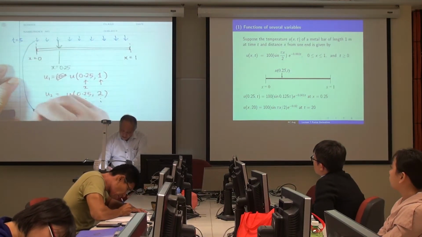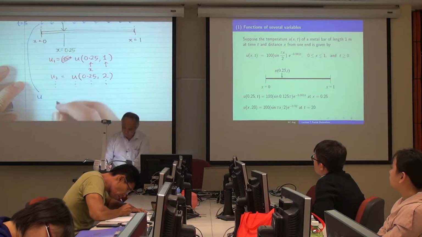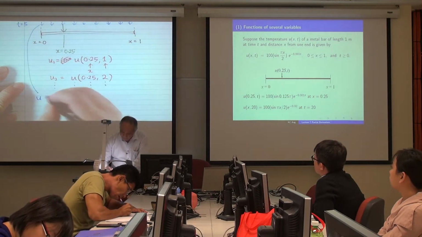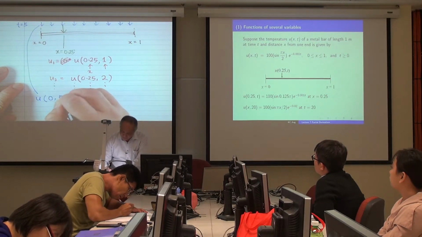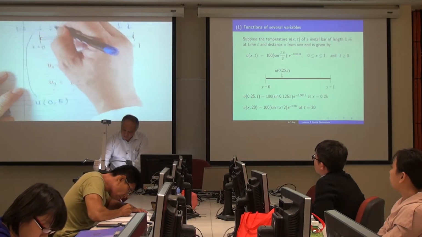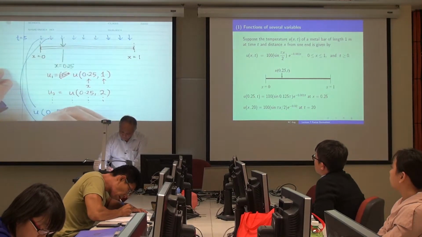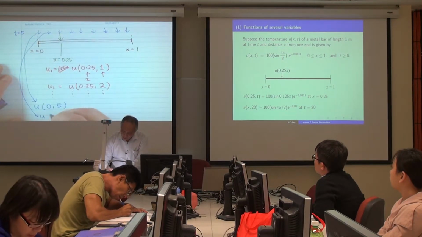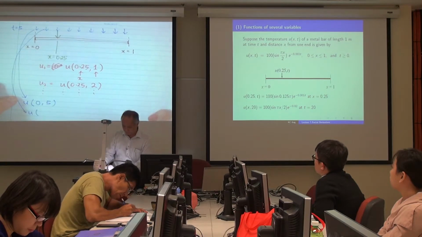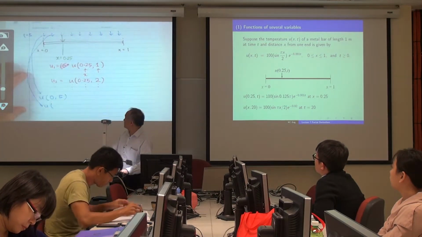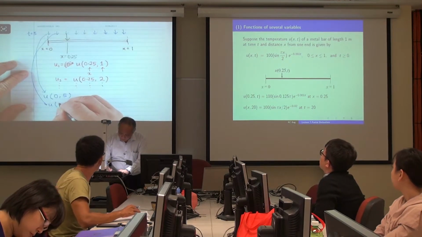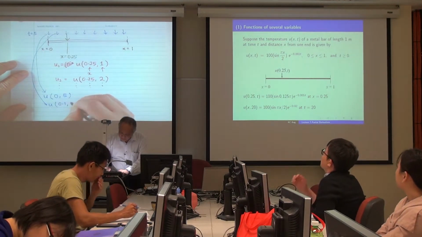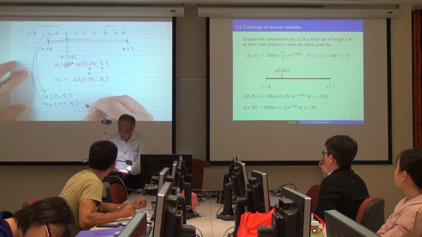Maybe at this point, this is U at (0, 5). At this point, it will be U at (0.1, 5), and so on.